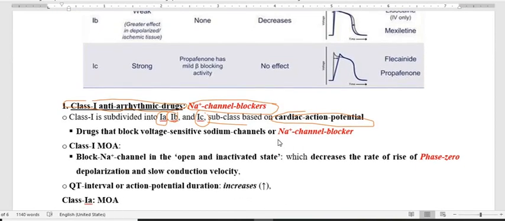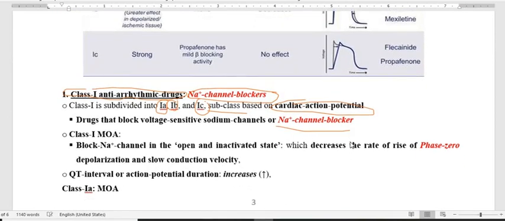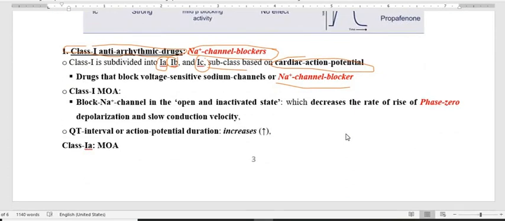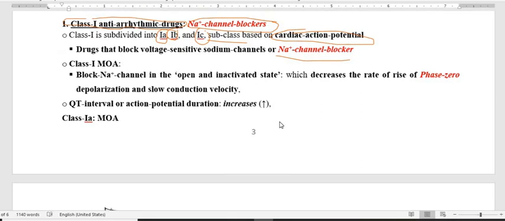They are all sodium channel blockers, but there are some differences, and because of that they are divided into subtypes A, B, C. We will discuss them one by one. In a nutshell, class 1 antiarrhythmic drugs block the sodium channel, which is either in the open or an inactivated state.